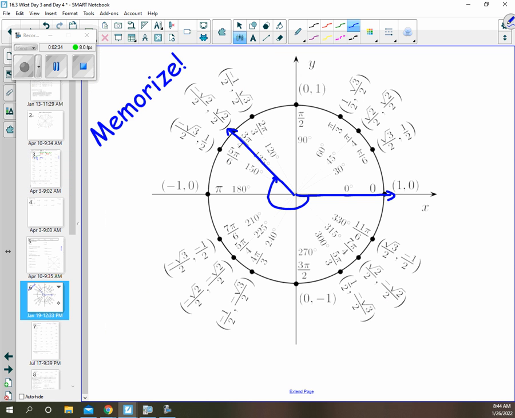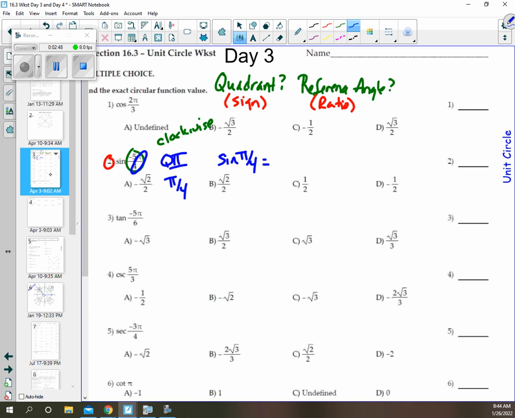So I'm going to think about my quadrant 1 sine values right there. We got root 2 over 2. When I'm in quadrant 2, though, just double check, it's still going to be positive because it's the y. So it's the same triangle, same answer. So this is going to be square root of 2 over 2 because it's a 45, 45, 90. In quadrant 2, it's going to be positive because it's the y value. So the answer is going to be exactly the same, root 2 over 2.